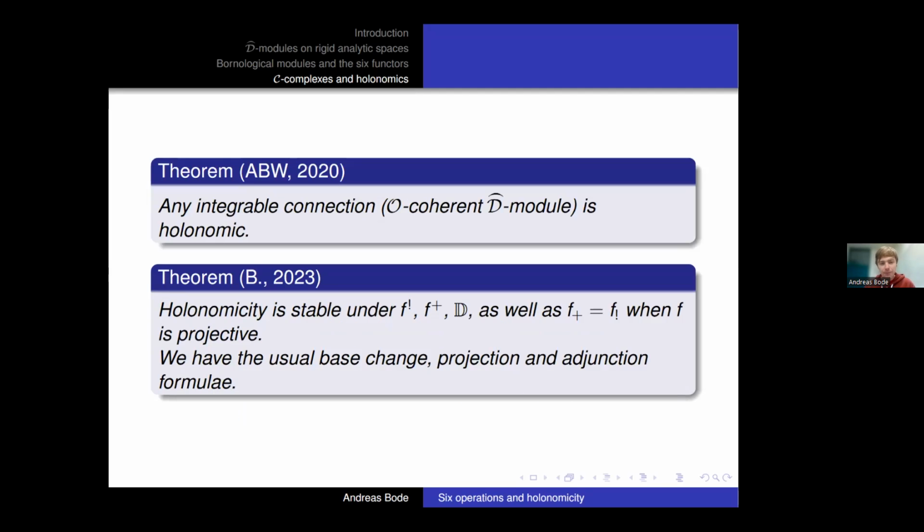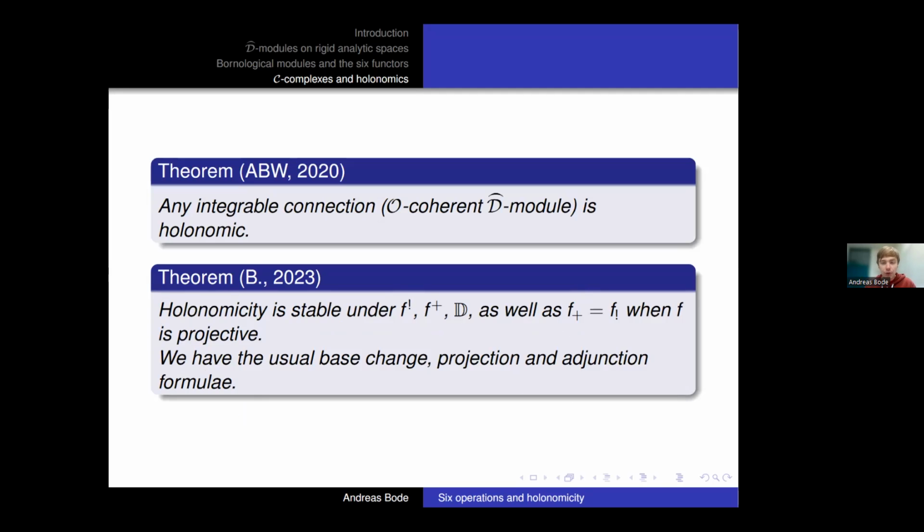So let me start with the bottom theorem. This notion of holonomicity is indeed stable under the inverse image operations, the duality operation. This is trivial because it's part of the definition in some sense. And you also get stability under the direct image operations, at least whenever the morphism is projective, right?